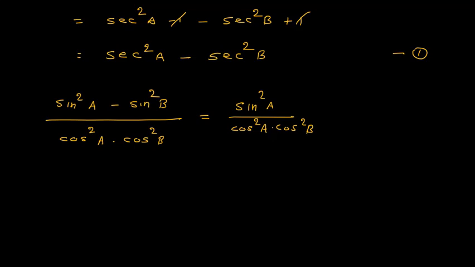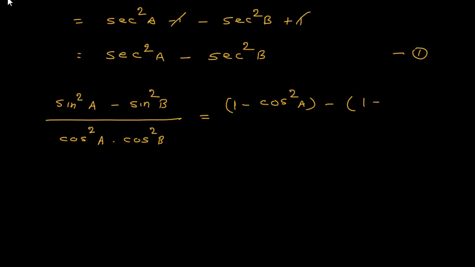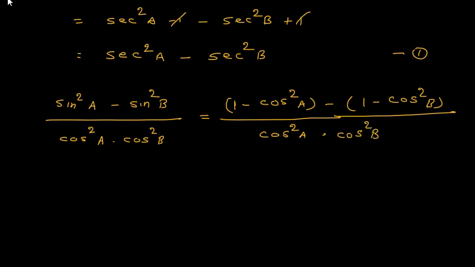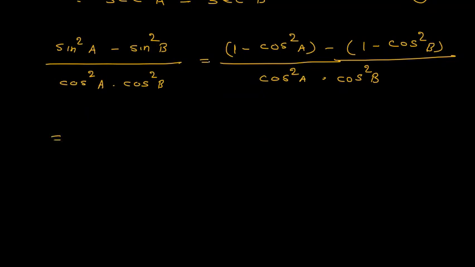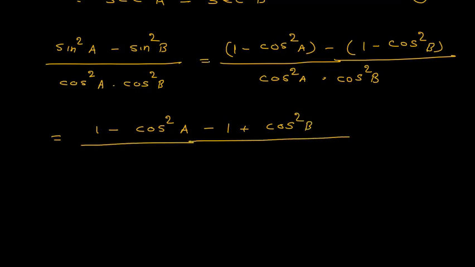So tell me how you can write this sin square A in cos square A. Simple, you can say that this sin square A is 1 minus cos square A, minus this sin square B, 1 minus cos square B, and this whole divided by cos square A into cos square B.